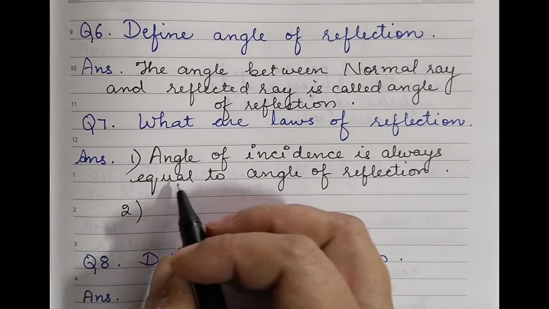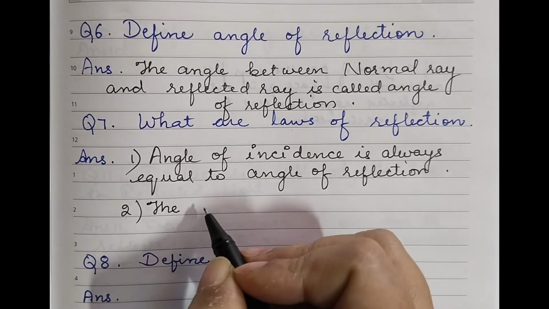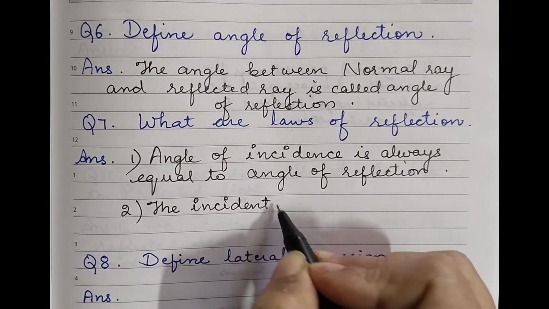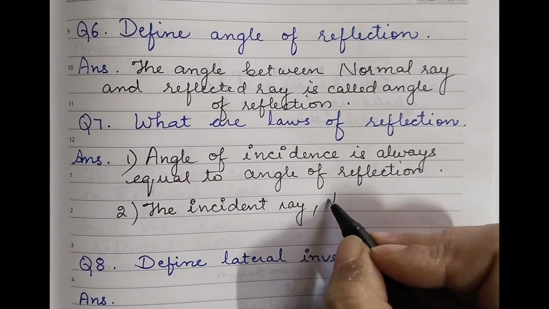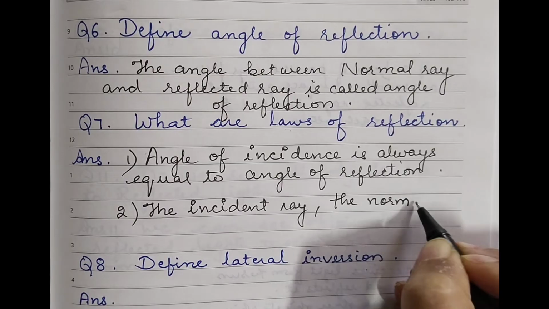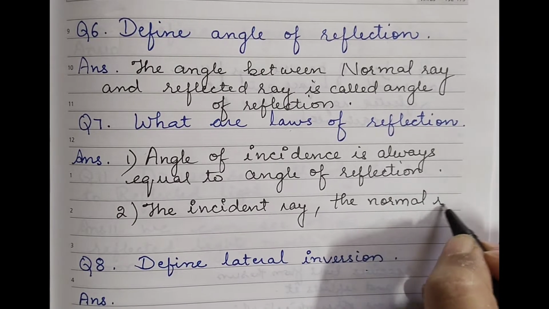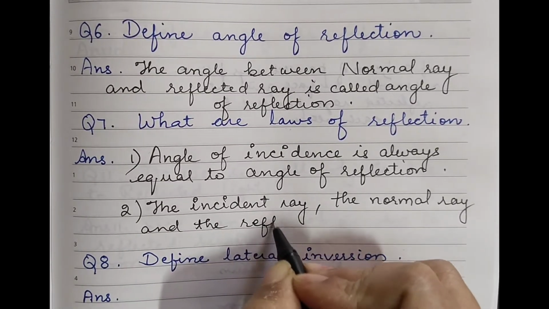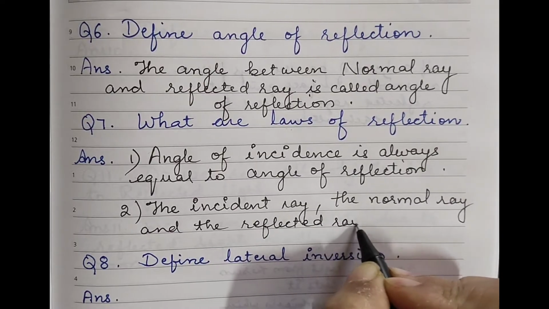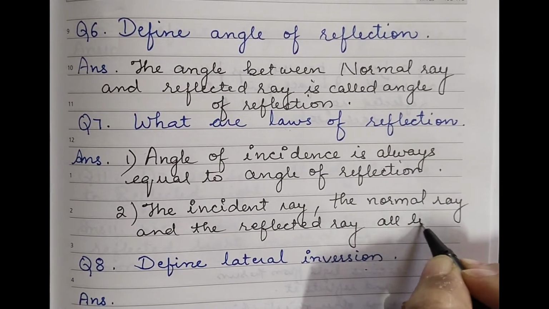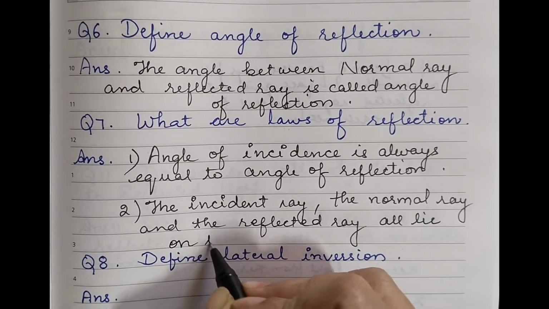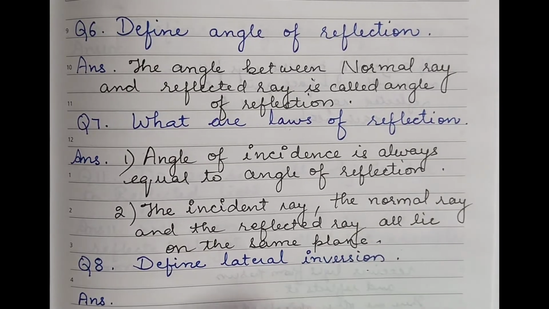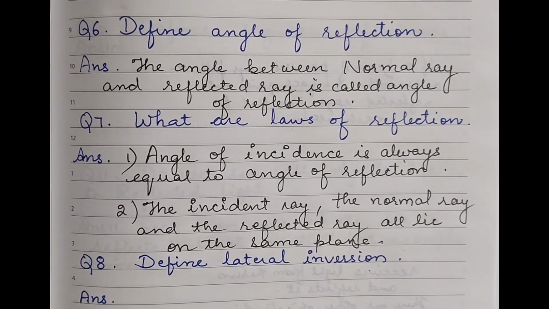Number 2, the incident ray which strikes on the surface, the normal ray having a 90-degree angle with the surface, and the reflected ray, all lie on the same plane. These are the 2 laws of reflection.